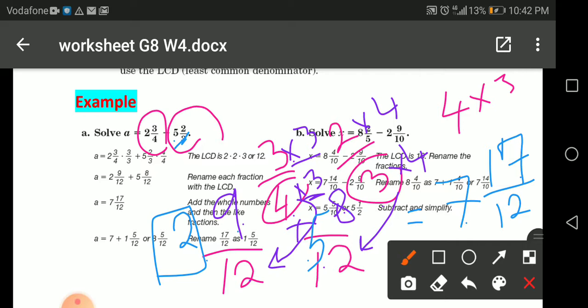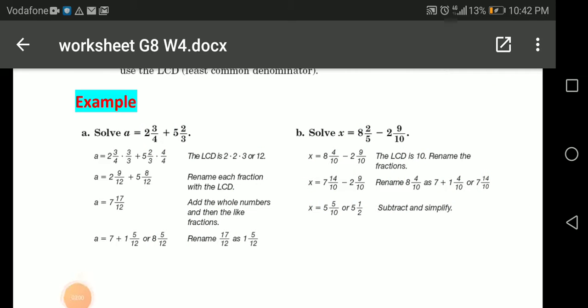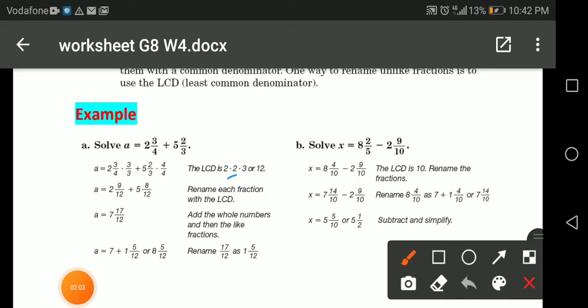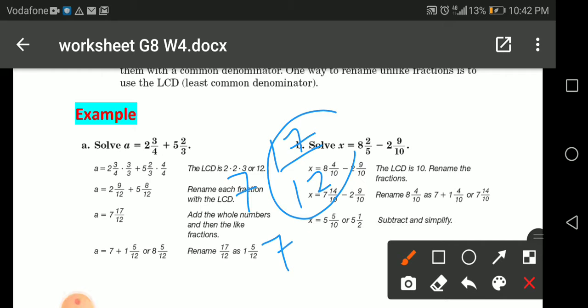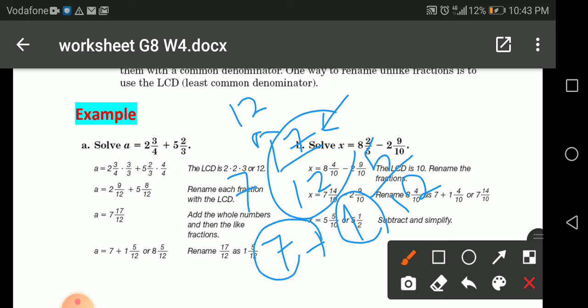Because here we have an improper fraction, 17 over 12, and I can change it using another method. 17 divided by 12 gives me 1, because 12 divided by 12 gives me 1, and the remainder is what? 17 minus 12 gives me, yes, 5, and the denominator the same, 12. 1 plus 7 is 8. 8 and 5 over 12.